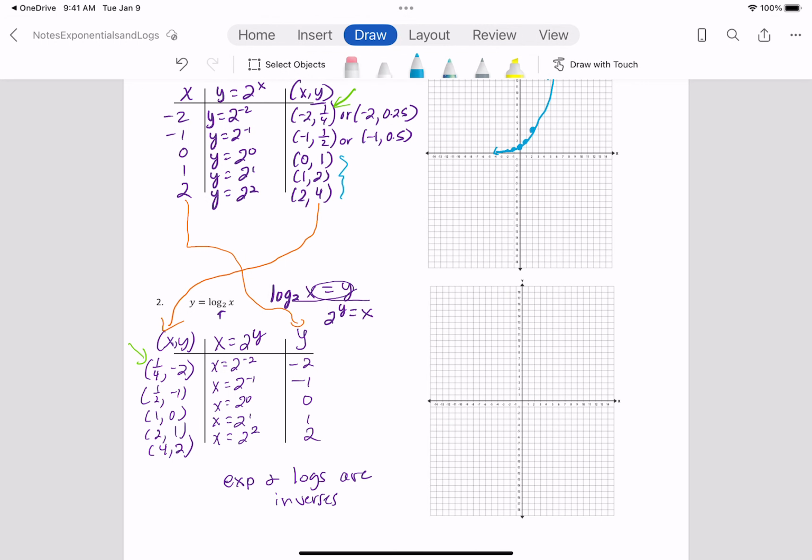So if we graph these, I'm going to stick with choosing the 3 easier ones first. So I have 1, 0, I have 2, 1, and I have 4, 2. And then a fourth, negative 2, means we're going to go to the right just a little bit and down 2.